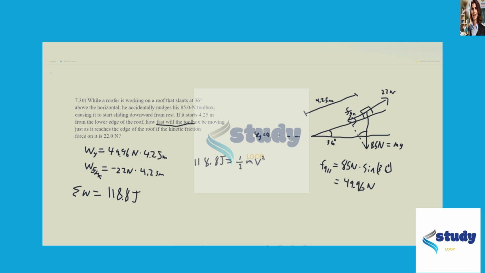So we plug in what we have: 118.8 joules equals 1/2 times 85 newtons over 9.81 meters per second squared, times velocity squared. Then this is just math and some understanding of our units, but we should just get velocity in the end. So we have velocity equal to 5.24 meters per second.